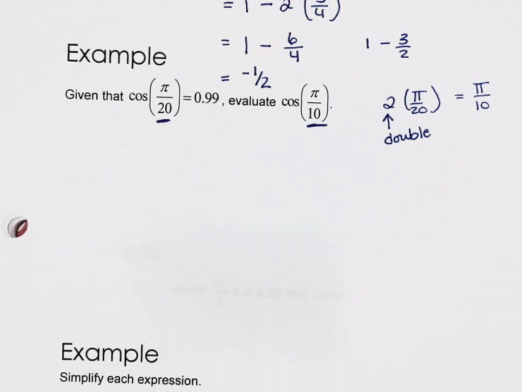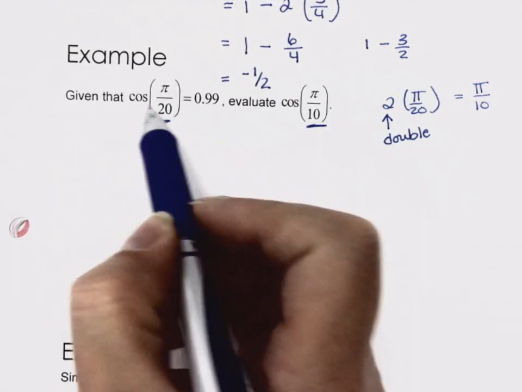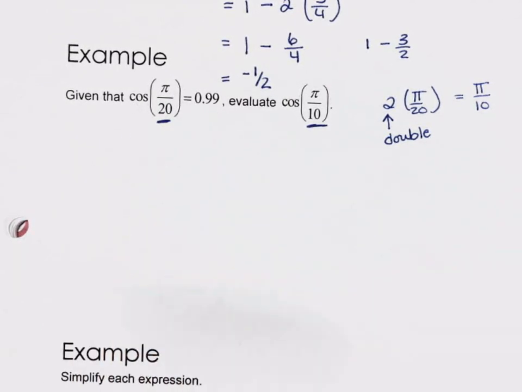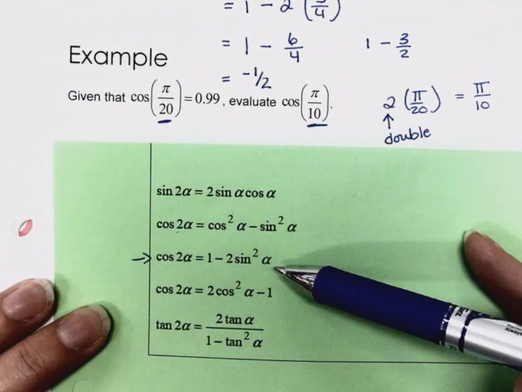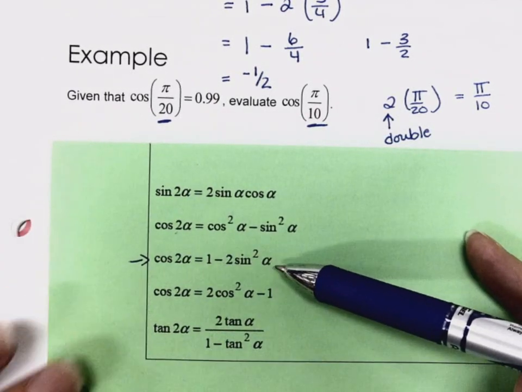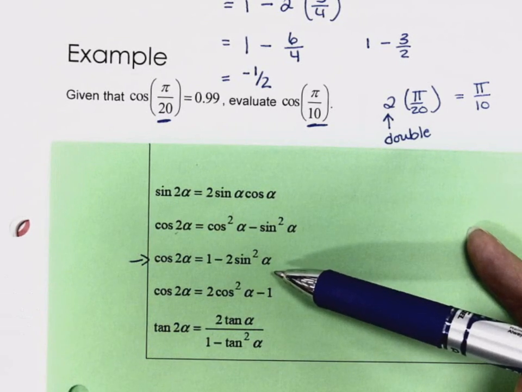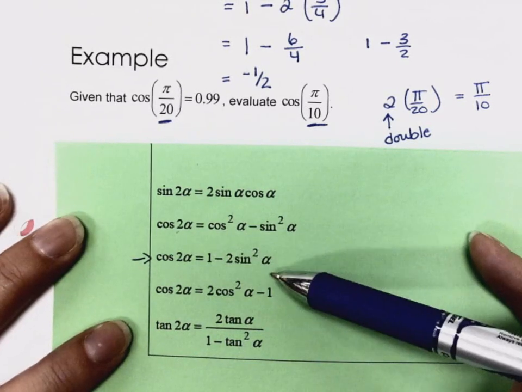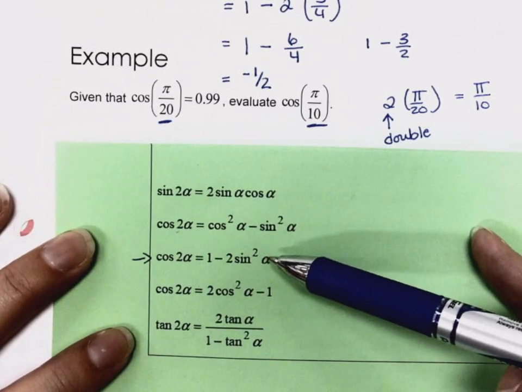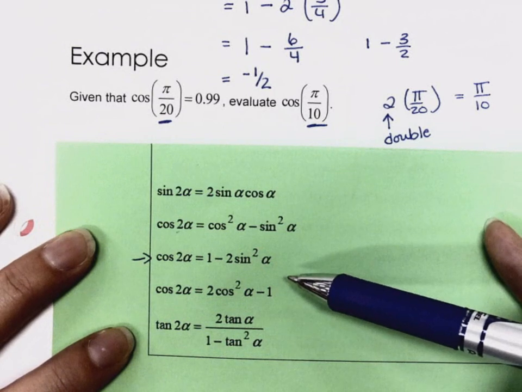Now, I'm going to have to be very purposeful with the cos identity I pick here, because all I know is cos is equal to 0.99. If I pick the formula that we just used, do we know what sine of pi over 20 is? We do not. So right away, I know I can't use this formula because I can't evaluate sine of pi over 20.